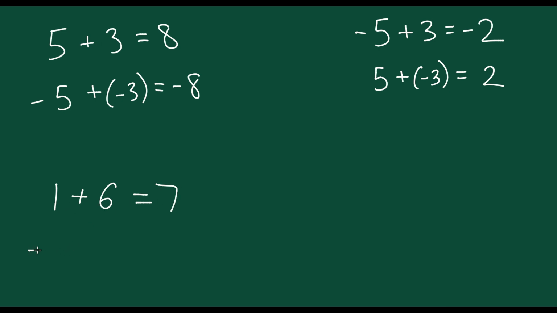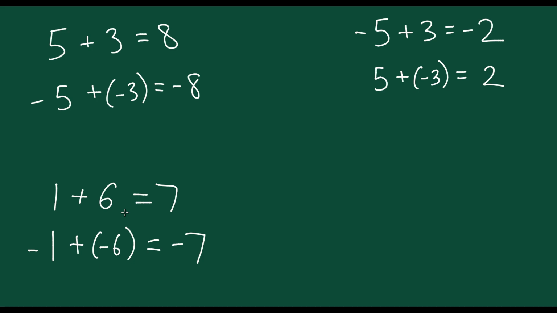What about negative 1 plus negative 6? Negative 1 plus a negative 6, remember, plus a negative means minus. Negative 1 minus 6. That's going to be a negative 7. 1 plus 6 is 7, and you make it negative because the 6 is negative.